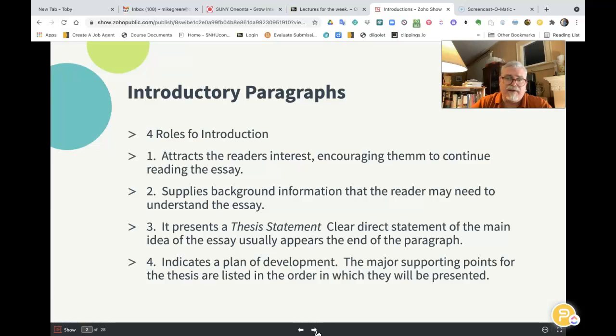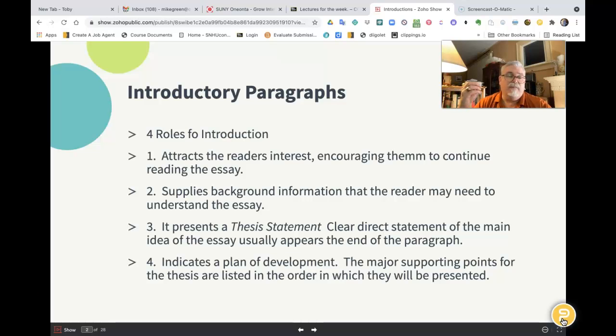Especially, sometimes it might be on a subject that you think is very deadly dull, and the idea of trying to make something appear more interesting than it is, well, hopefully that's what you're going to do. And especially if it's an important issue, okay?